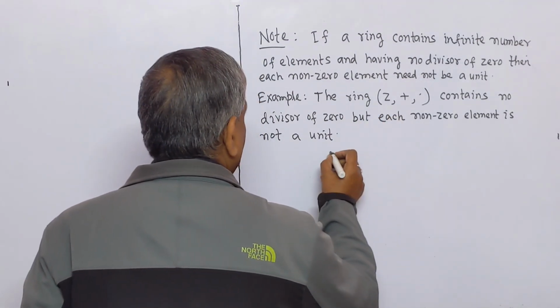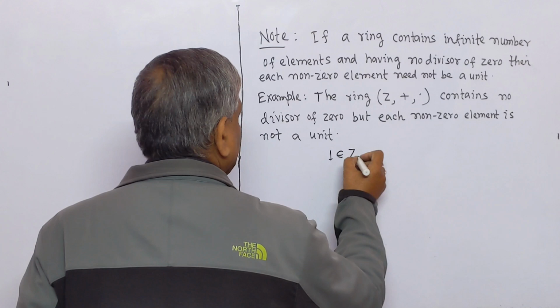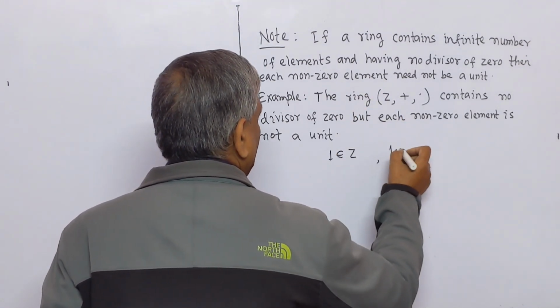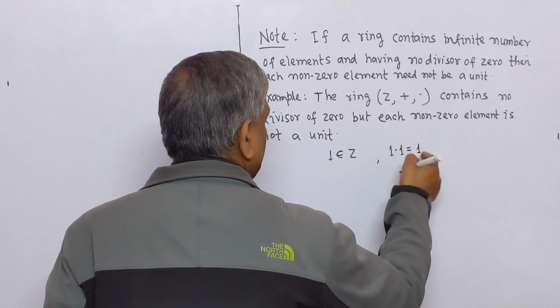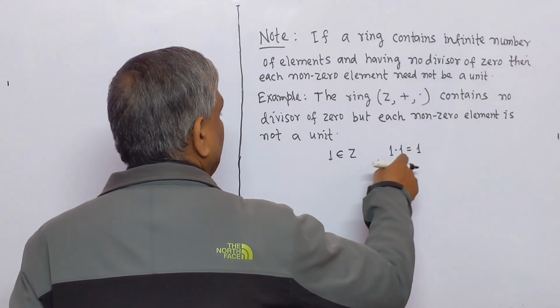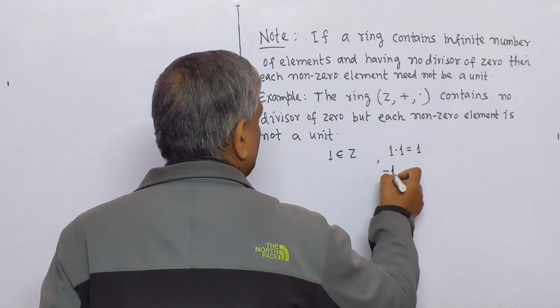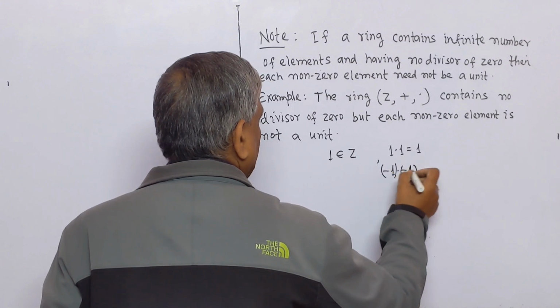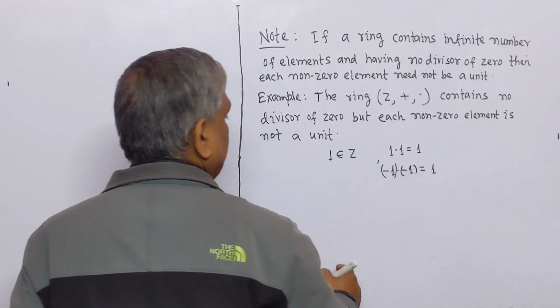Since 1 belongs to Z, Z contains an infinite number of elements. 1 multiply 1 equals 1, unity; 1 is the unity. Therefore, 1 is a unit. Minus 1 multiply minus 1 equals unity.